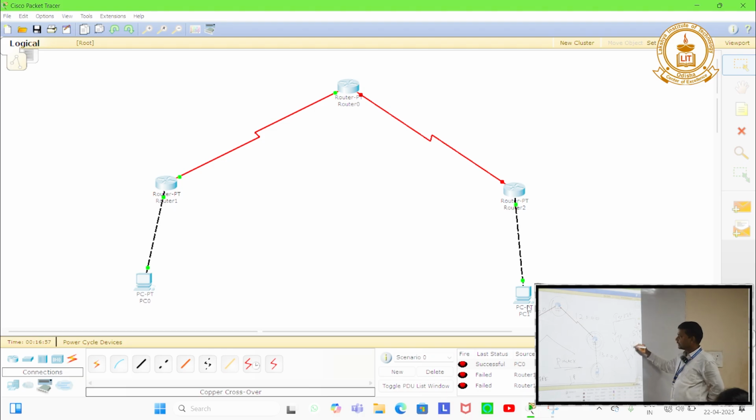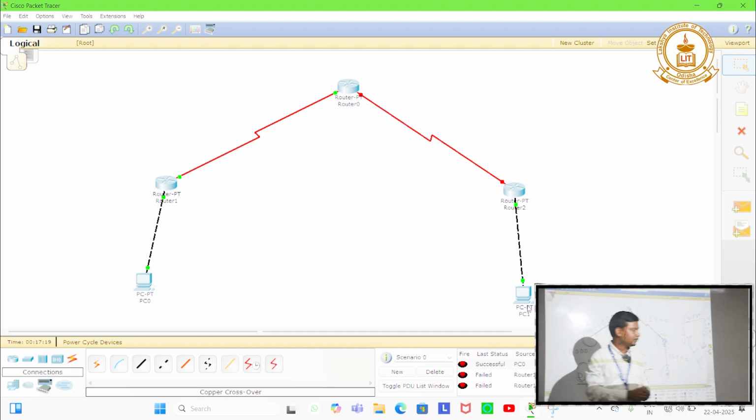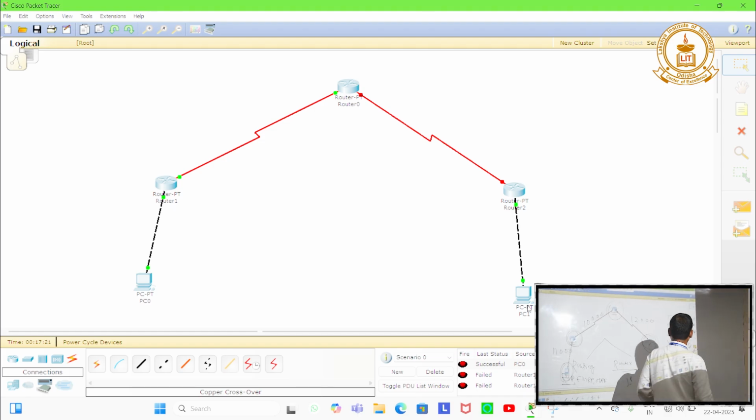Straight cable is used for dissimilar devices. Cross cable is used for similar devices. Router is a layer 3 device, PC is a layer 3 device, switch is a layer 2 device. So for router to direct PC we are using which cable? Cross cable.